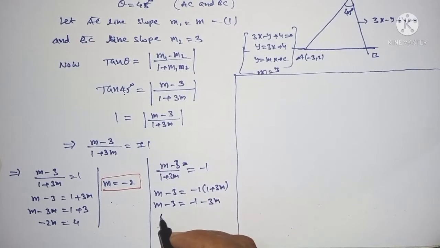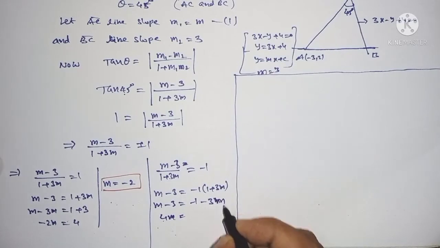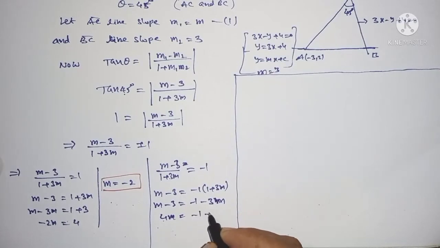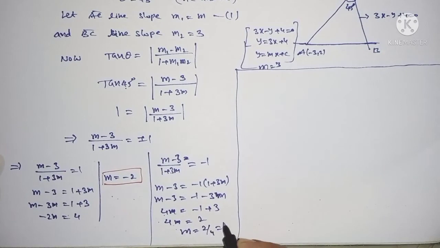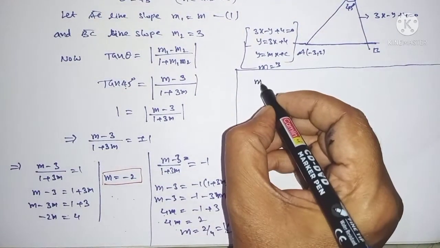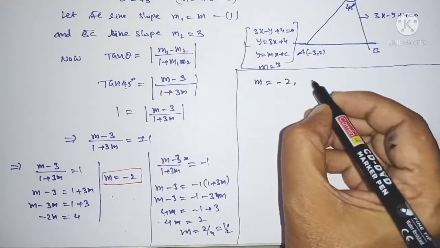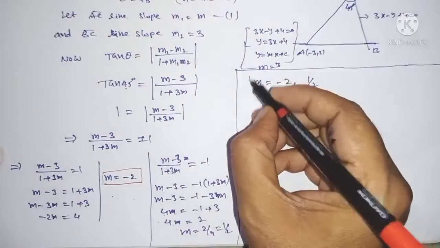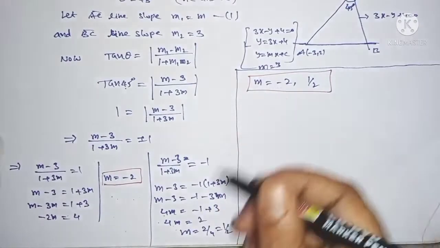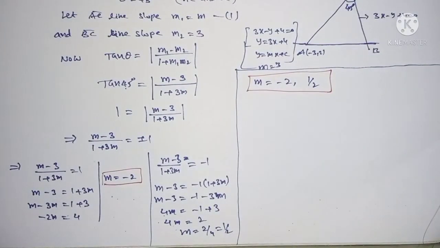Bring this side, what happens, that is 4m. m plus 3m is nothing but 4m is equal to minus 1 plus 3, 4m is equal to 2, m is equal to 2 by 4 is equal to 1 by 2. I can write here m is equal to minus 2 comma 1 by 2. You are getting two values, that is m is equal to minus 2 comma 1 by 2.